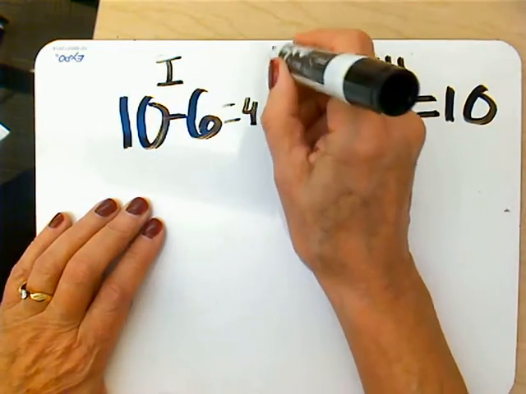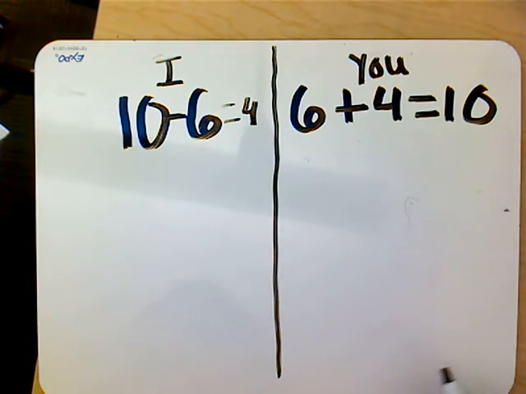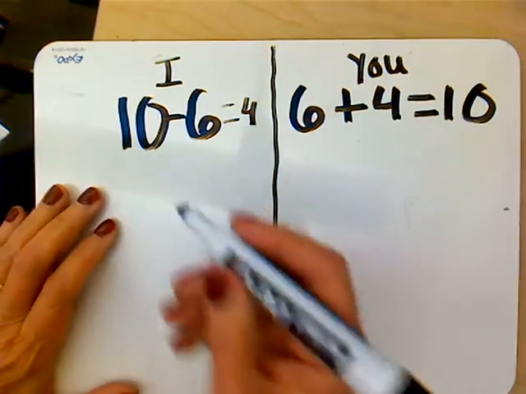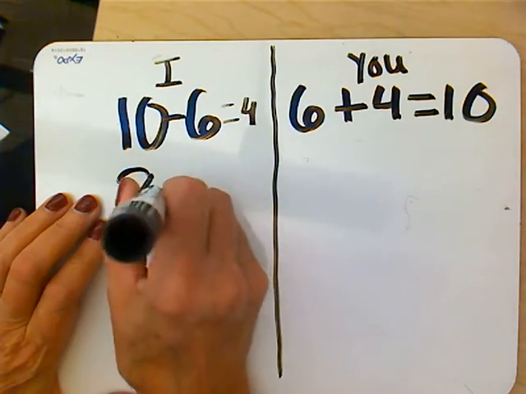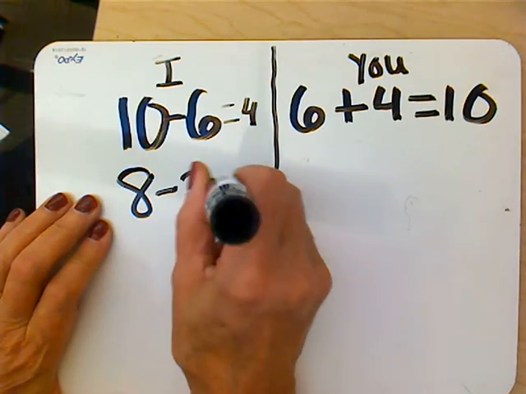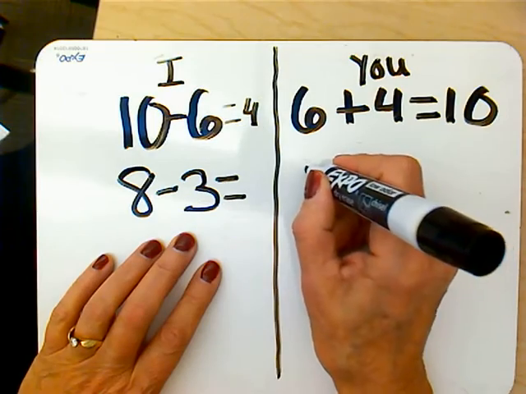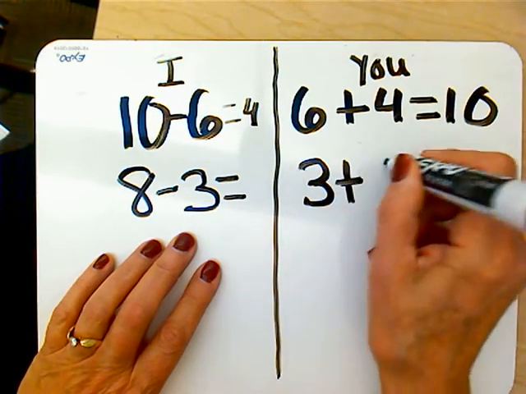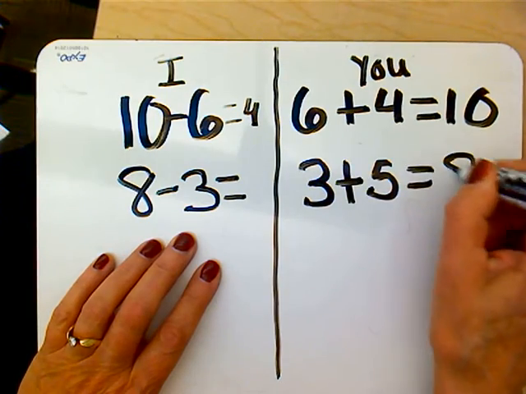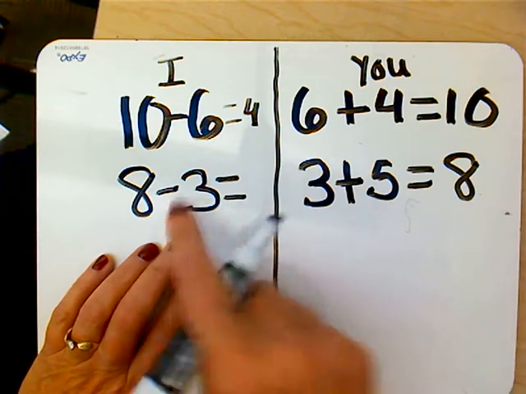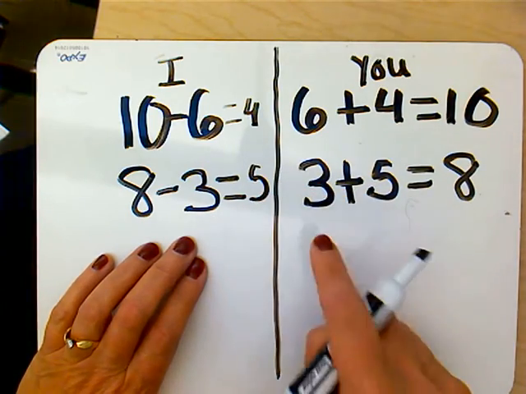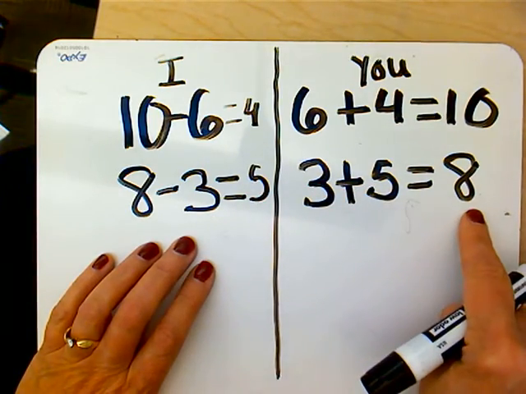So here we go. Are you ready to try a couple of these? All right, so let's do 8 take away 3 equals, the related fact would be 3 plus 5 equals 8. Why? Because 8 take away 3 would be 5, and 3 plus 5 would equal 8.